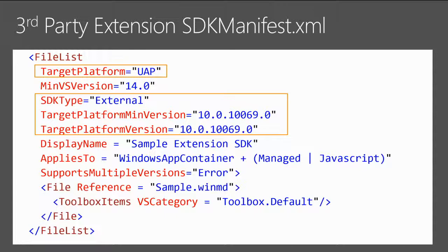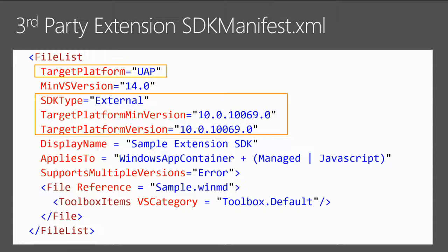The target platform min version and target platform version are exactly the same as what we described before on project properties. They basically allow us to filter what SDKs you can reference in your application. For example, if your application is 165, we can't allow you to reference this SDK because it's 169, so we'll not show it in the add reference dialog.